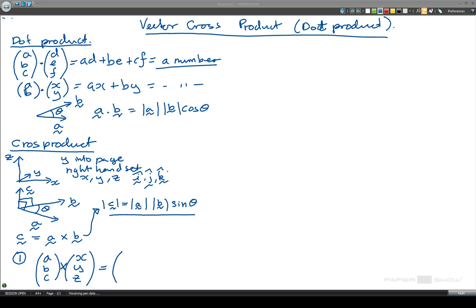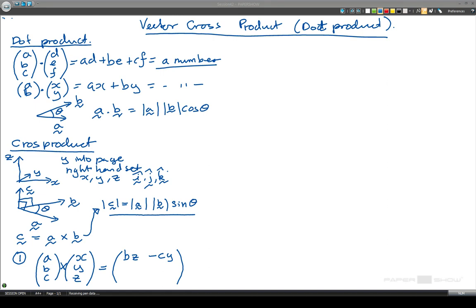Now the way that I generally remember this is that you make like a determinant of the bottom two for the top line. So that's BZ minus CY for the top line.